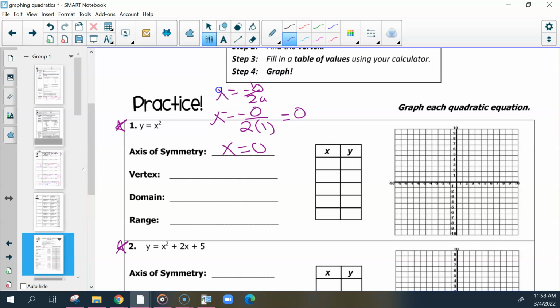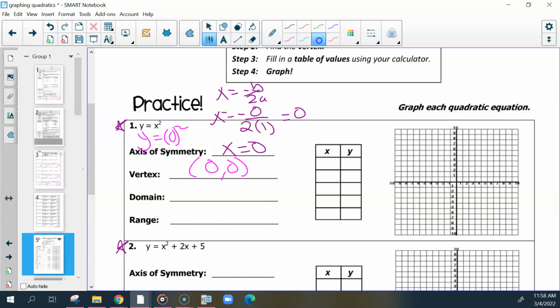So x equals 0 is our axis of symmetry. If we put that in to find our y value, what would our y value be? Also 0. So our vertex would be 0, 0.